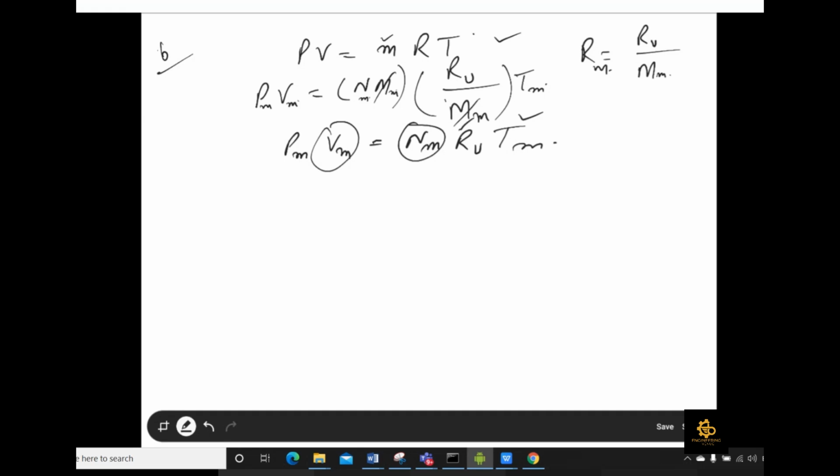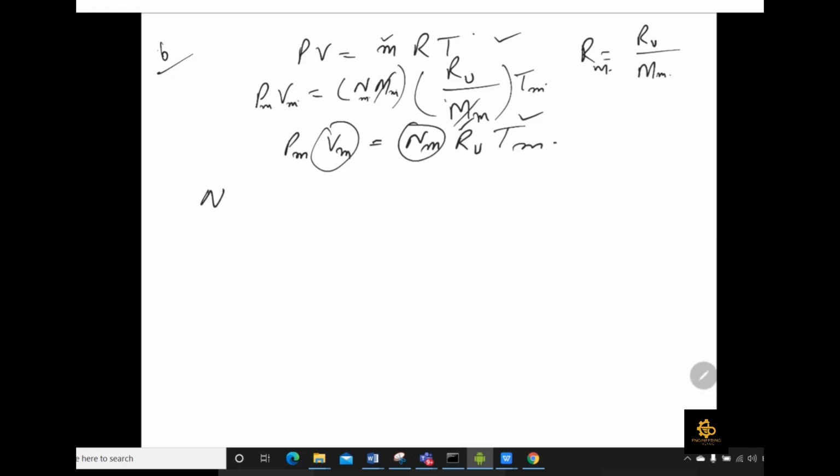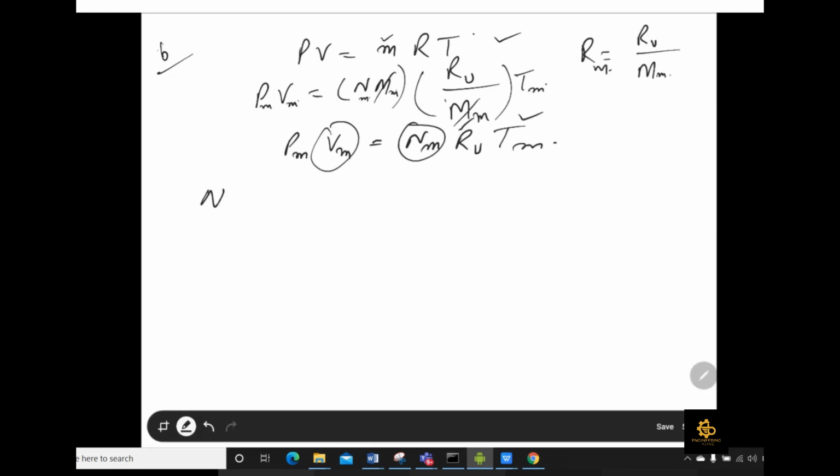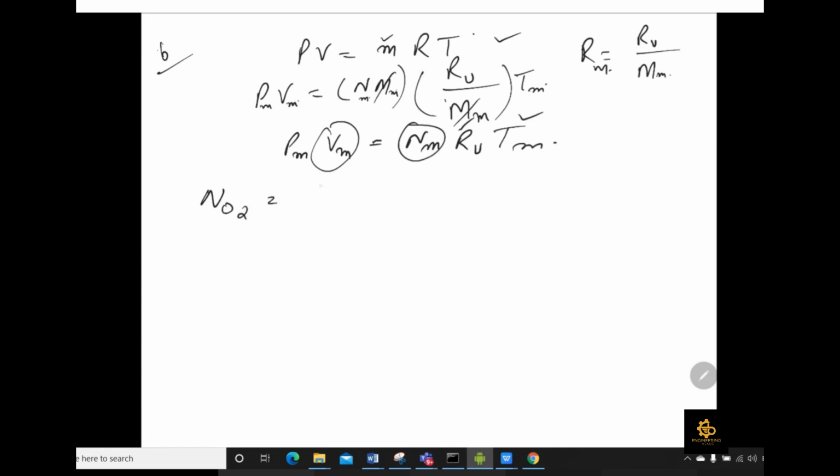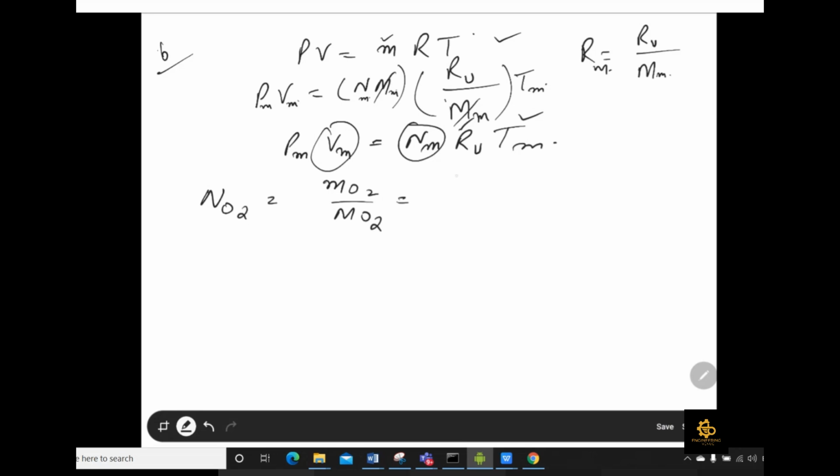Okay, so for number of mole of the mixture, we need to find the number of mole of the individual component first. So there are two components, O2 and N2. Number of mole for O2 is equal to mass of O2 over molar mass of O2. Okay, which relation we already saw in the previous slides as well.